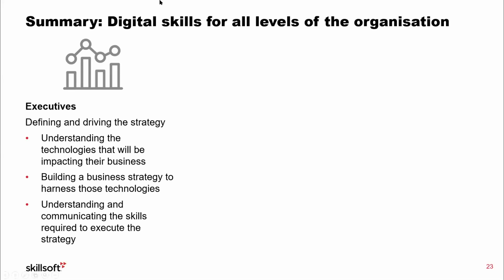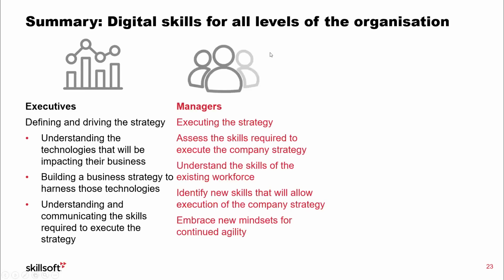They need to understand the technologies that are going to be impacting their business. They need to build a business strategy to harness those technologies, and then they need to understand and communicate the skills required to execute that strategy. So that is their job. They've got to define and drive the strategy itself.